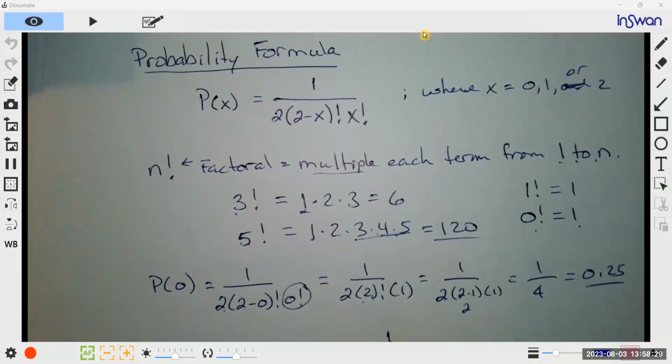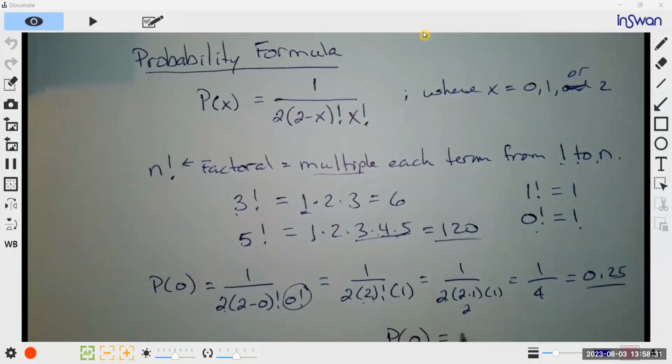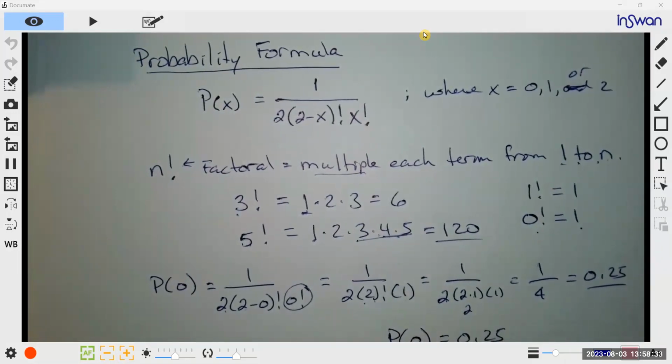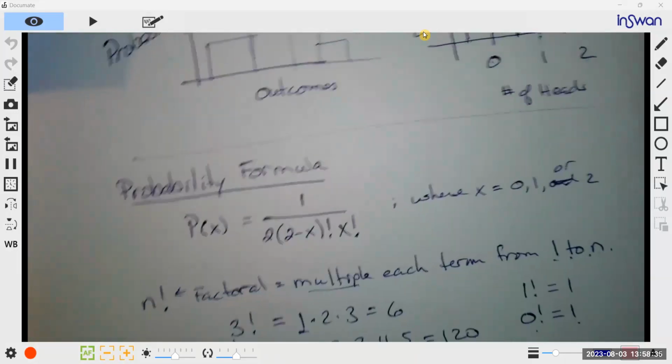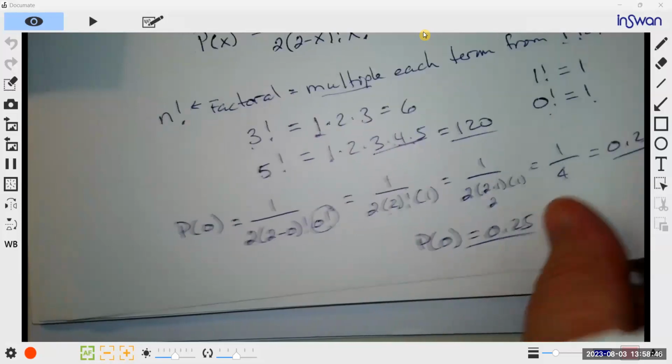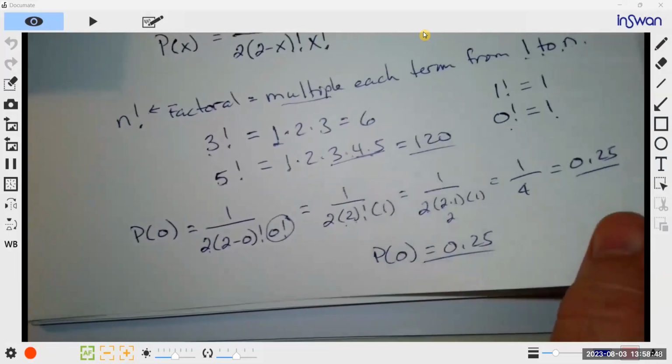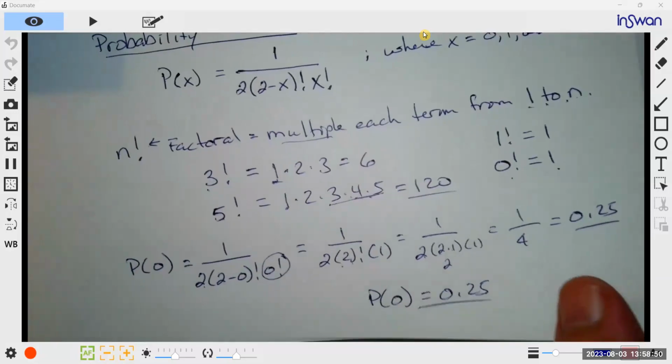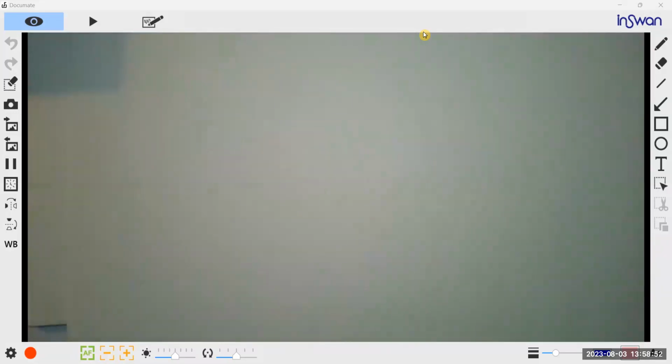So the probability of 0 is 0.25, which is what we got earlier. We do the same thing with 1 and 2. Let's look at another example here.